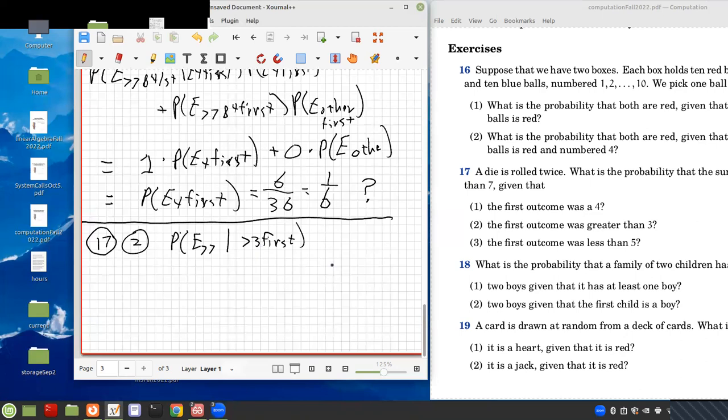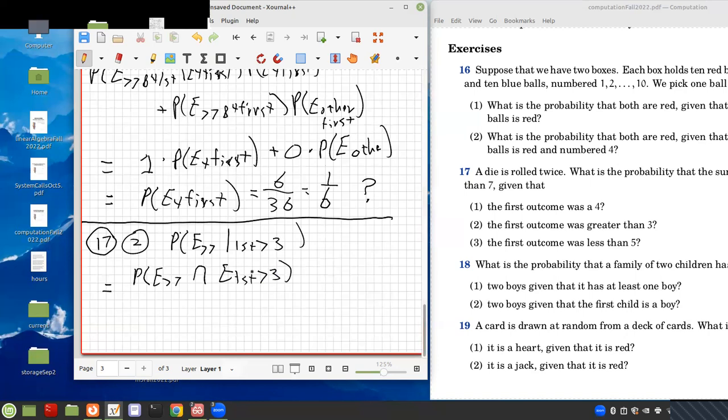Let's first write the definition. This conditional probability is going to equal the probability that the sum was greater than 7 intersected with the event that the first is greater than 3.